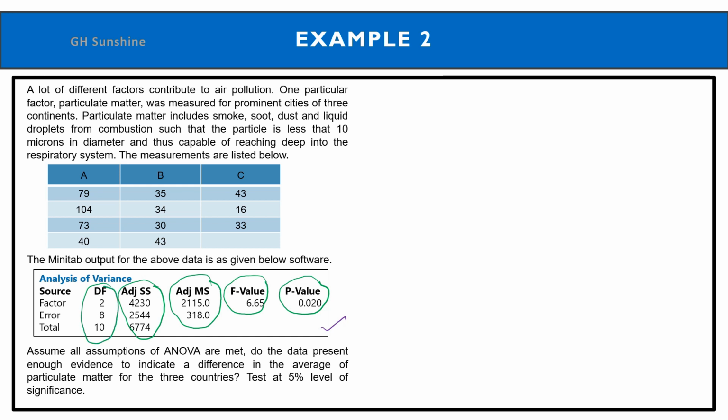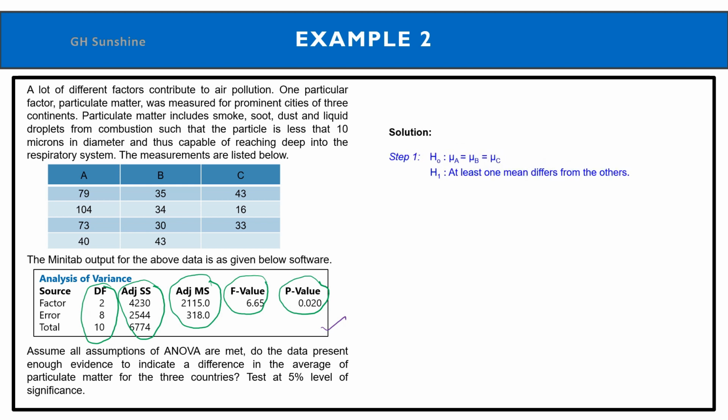Assume all assumptions of ANOVA are met. Do the data present enough evidence to indicate a difference in the average of particulate matter for the three countries? Test at 5% level of significance.